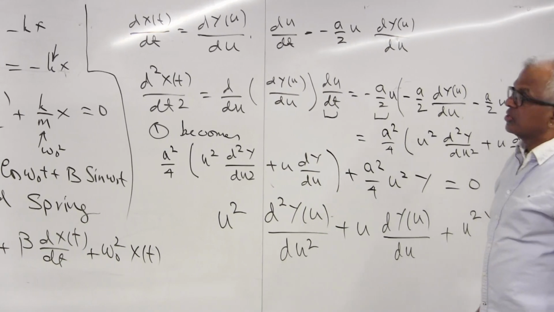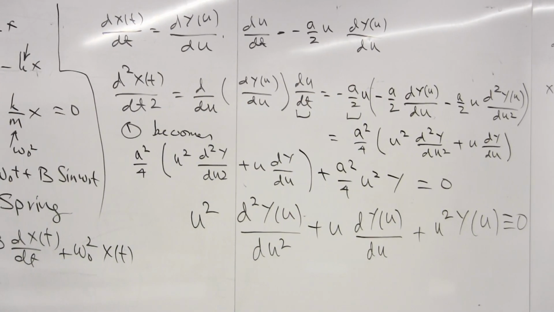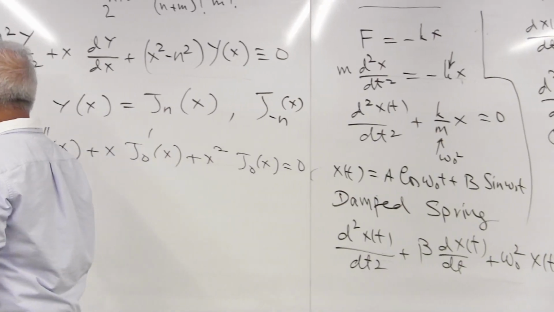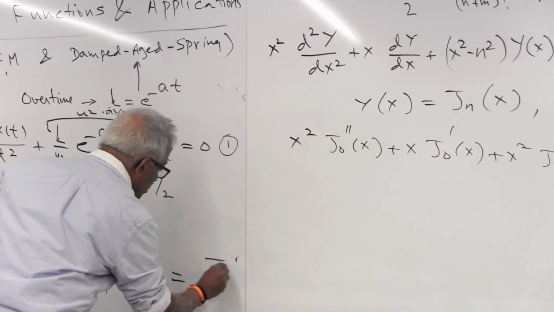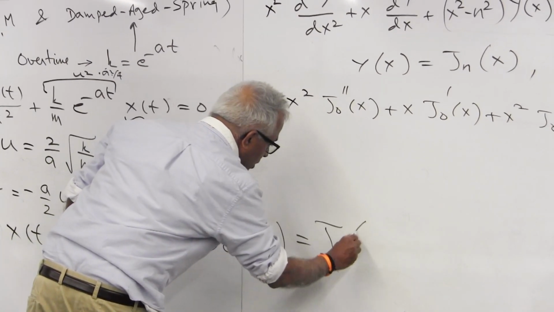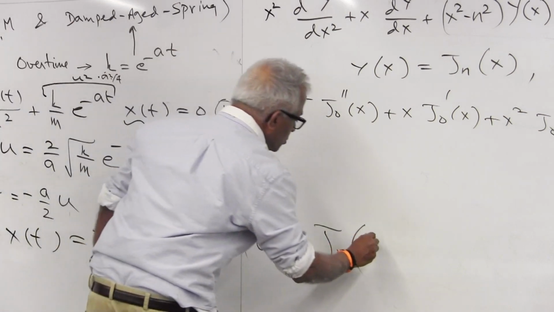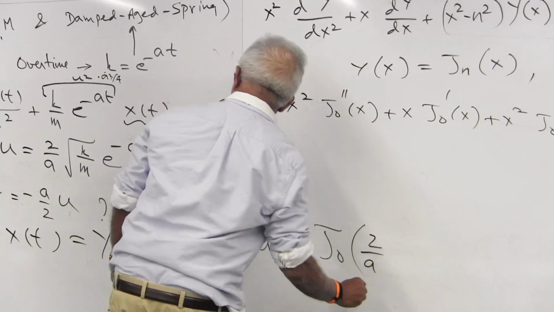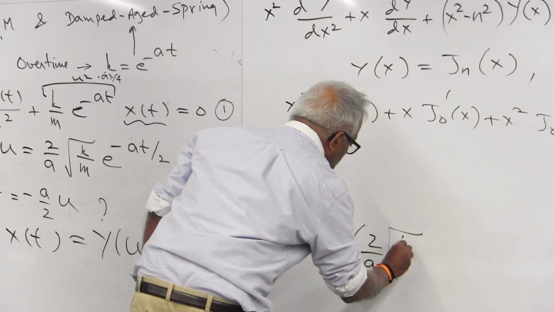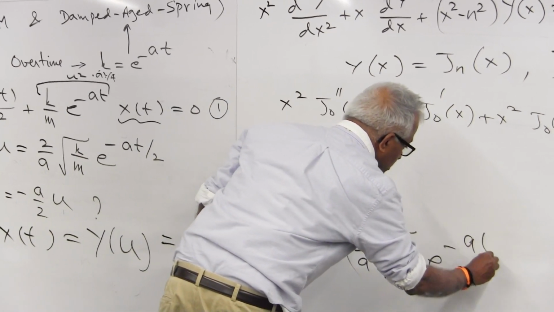But if you compare this expression with this, it's exactly the same. So we conclude that y(u) is J naught of u, and at least one solution is this, u is 2 over a square root of k over m, which is omega naught e raised to minus a t by 2.